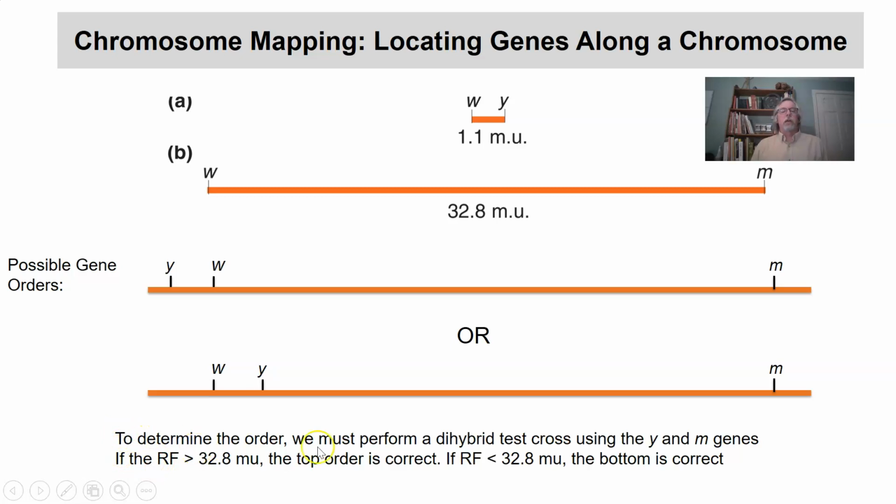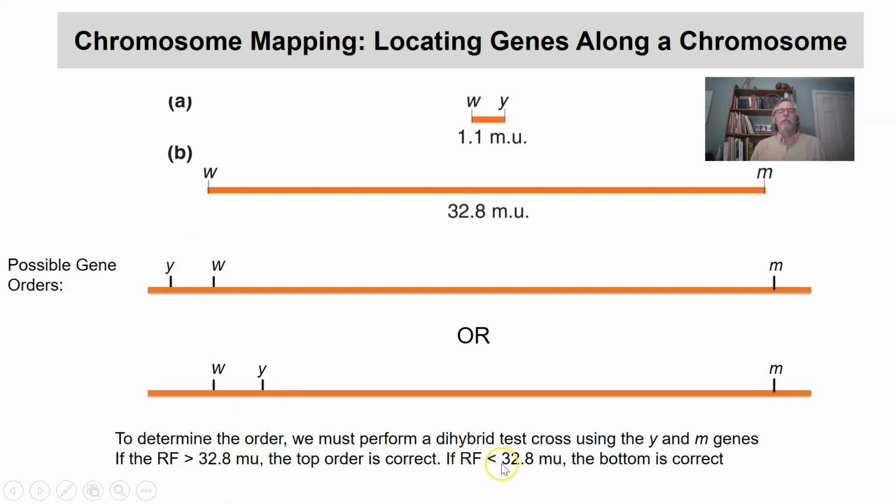In order to do that, we have to perform a dihybrid test cross using the yellow and miniature genes. If we get a recombinant frequency greater than 32.8, the frequency between white and miniature, then this is the order. It means that yellow is far away and the white gene is in the middle.